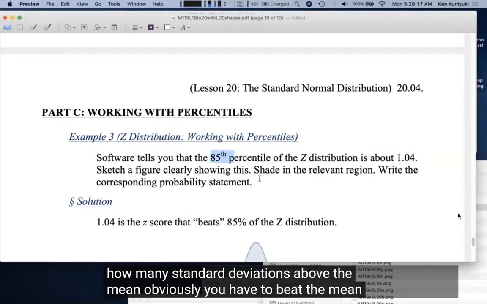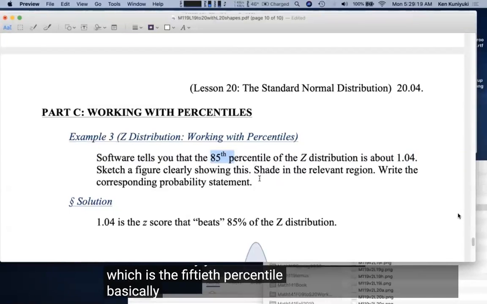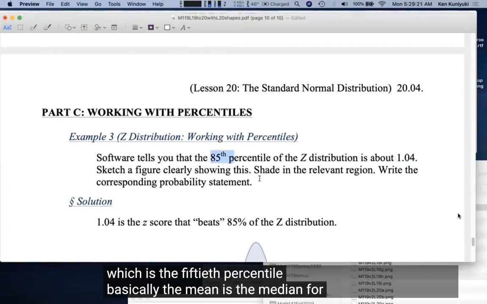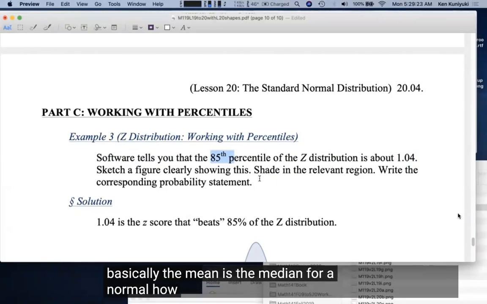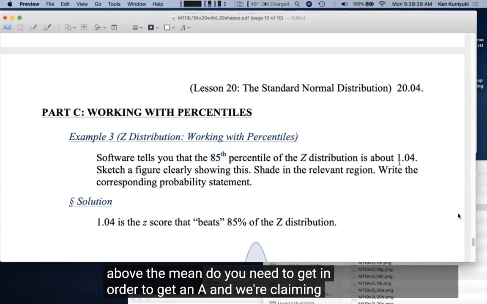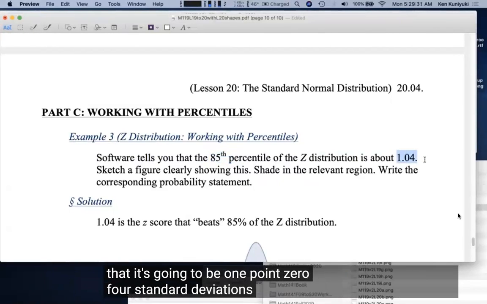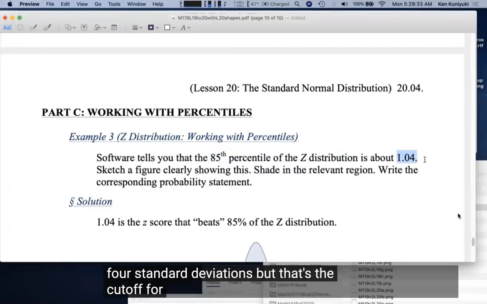Obviously, you have to beat the mean, which is the 50th percentile, basically. The mean is the median for a normal. How many standard deviations above the mean do you need to get in order to get an A? And we're claiming that it's going to be 1.04 standard deviations, but that's the cutoff for the A.